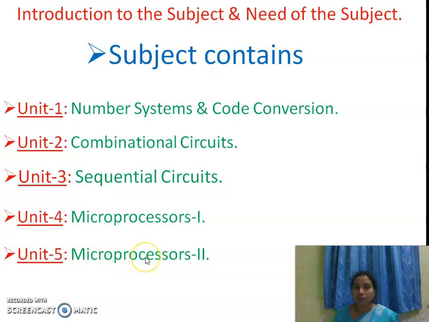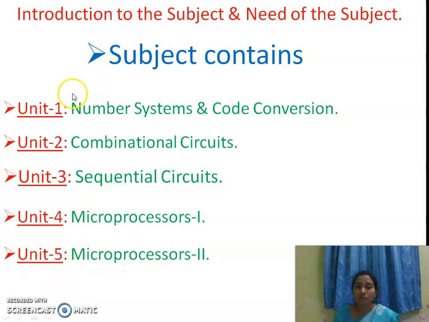Then go for the fifth unit, microprocessor 2. In microprocessor 2, we will learn 8086 and some simple programs: 8-bit addition, 16-bit addition, binary arithmetic operations and some logical operations, all with simple programs in the fifth unit. In the same way, we will learn basic concepts of the 8051 microcontroller in the fifth unit.